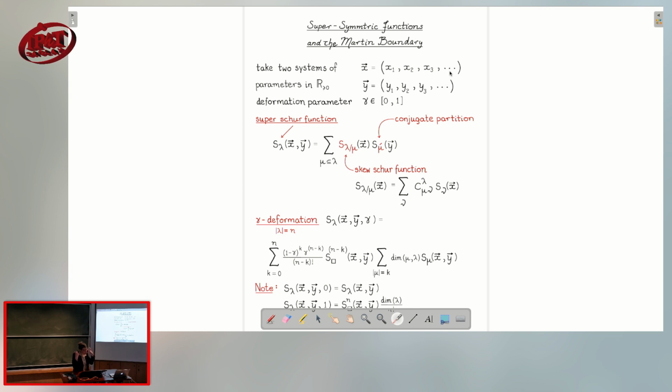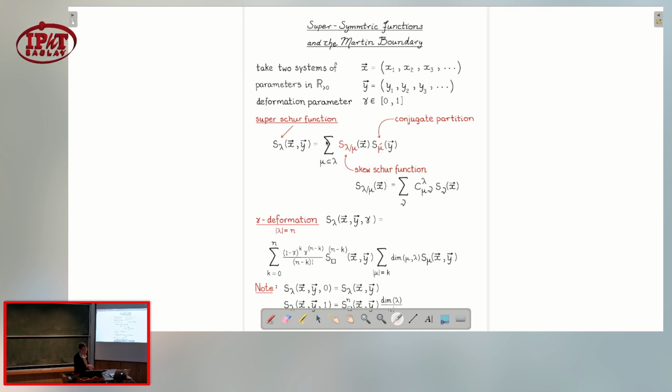Keep in mind that these x's and y's will typically be taken to be non-negative real values. Then we'll also want some parameter gamma, which is between 0 and 1, and then what's called the supersymmetric Schur function. This is now a power series in two sets of variables.